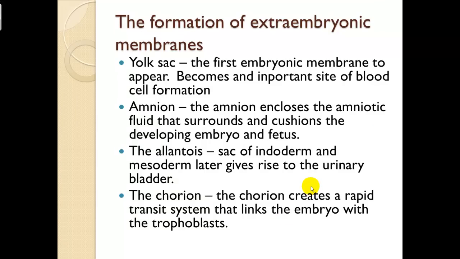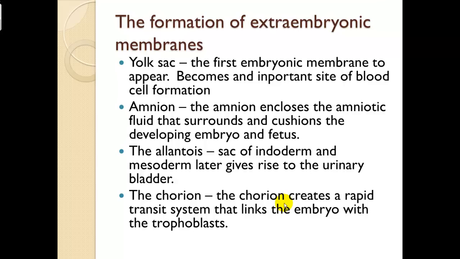The formation of extra embryonic membranes. We have the yolk sac, the amnion, the allantois, and the chorion. Yolk sac, the first embryonic membrane to appear, becomes the important site for blood cell formation. Amnion. The amnion encloses the amniotic fluid and surrounds and cushions the developing embryo and fetus, and we know that.